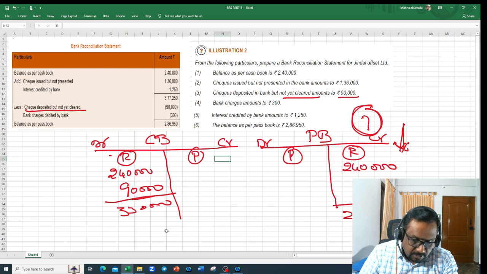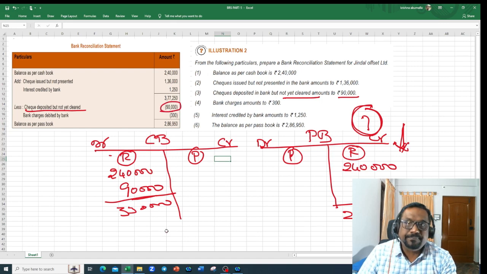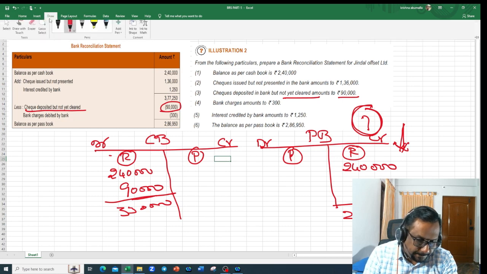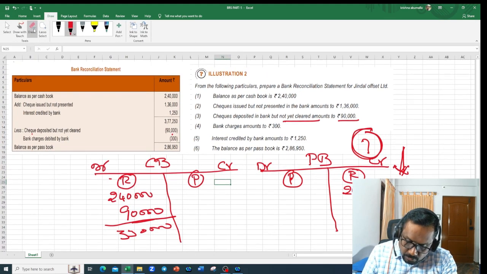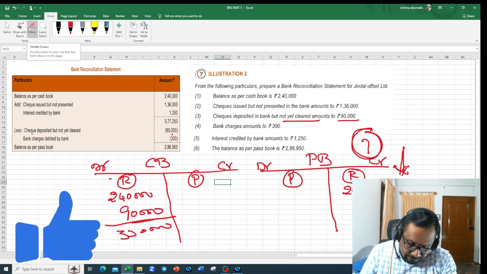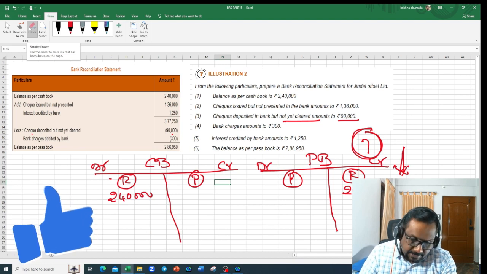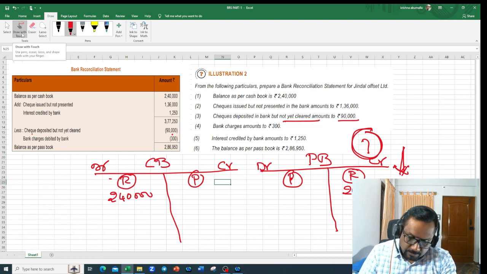Checks deposited but not cleared 90,000. Simple. Next. So as and when we prepare like this, what we need to do is remove those points and keep working on the other points.